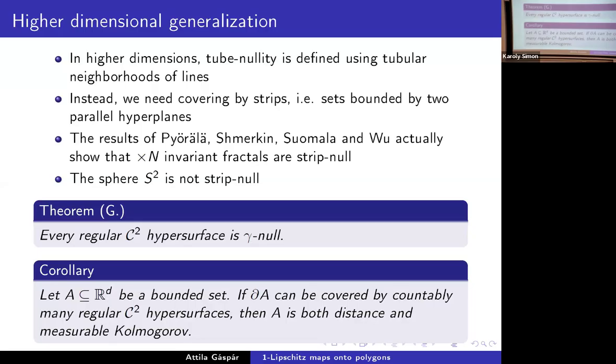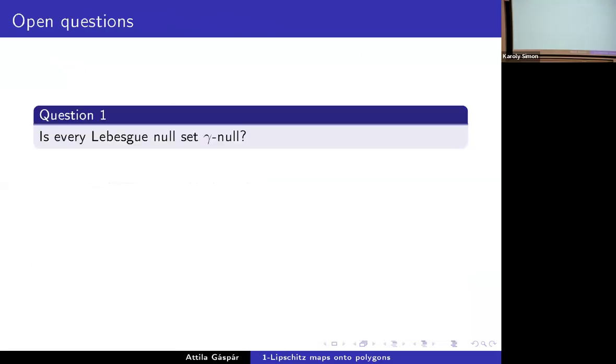Actually, instead of C2, we could also use the slightly weaker property that, as a graph of a function, it is the difference of two convex functions. And finally, some open questions. The main open question is whether every Lebesgue null set is gamma null. It is true that if a set is gamma null, then it is also Lebesgue null.